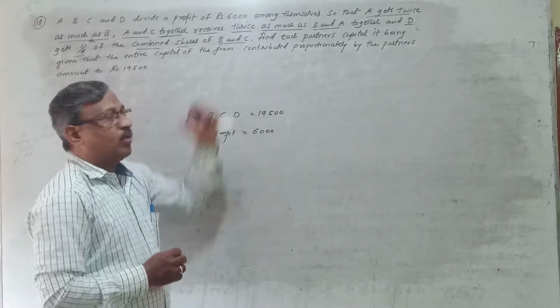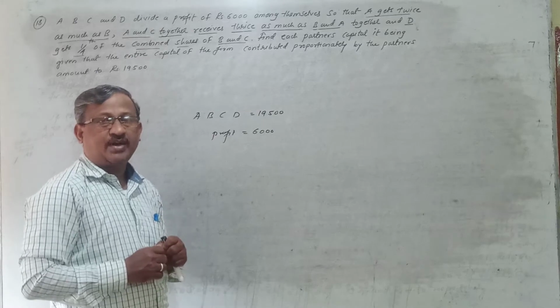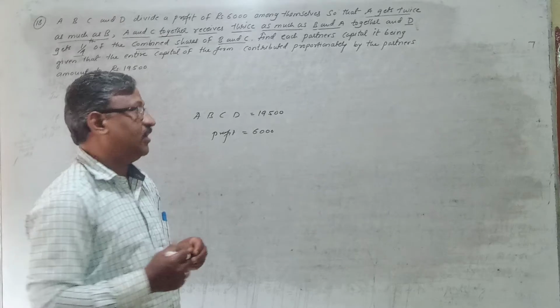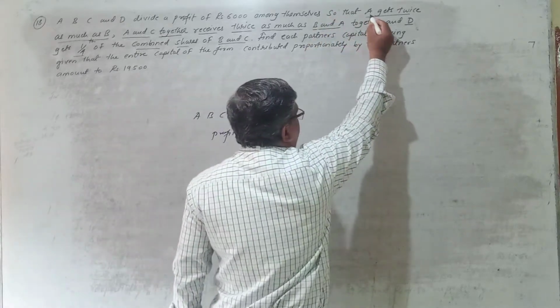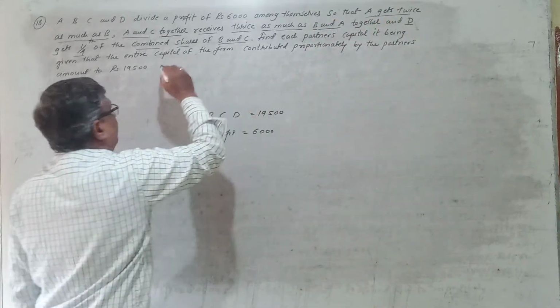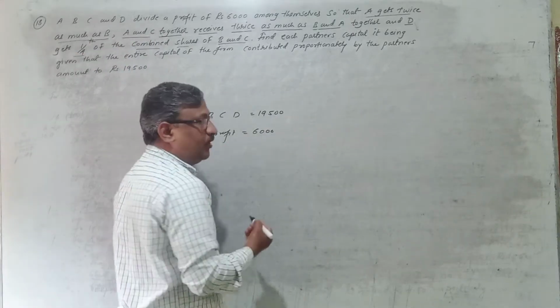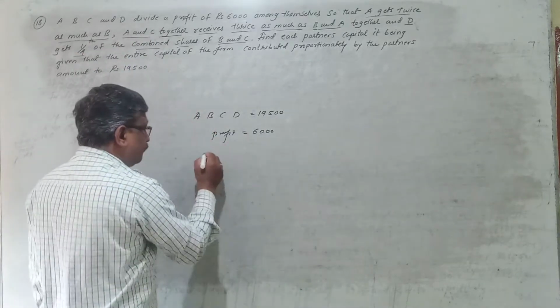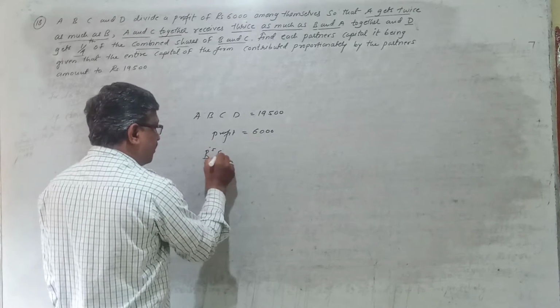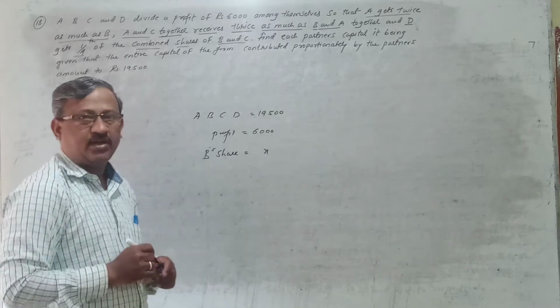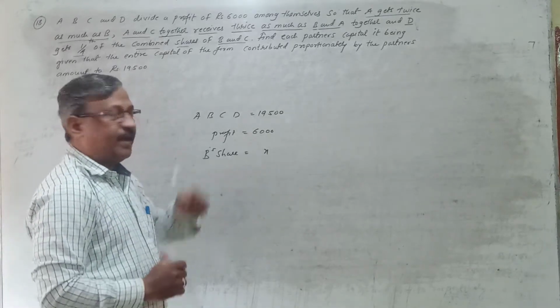So here what you have to find? First you have to find out the share of profit of A, B, C and D, so that we can find very easily. So here what they have said, A gets what? Twice. A gets double the share of B. Means what B is getting, of that double A is getting. So if you know B's share, suppose B's share is X rupees.